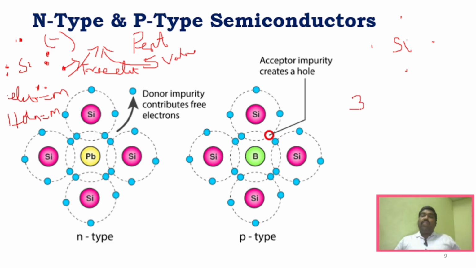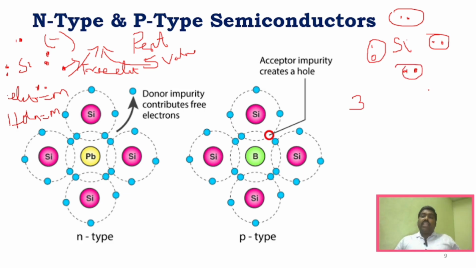If you combine this trivalent impurity with silicon, it will form electron pairs with 3 of the valency electrons, leaving one electron without a pair, so there will be a hole here. All the others will have electron pairs, but here there will be a blank space, which is a hole.